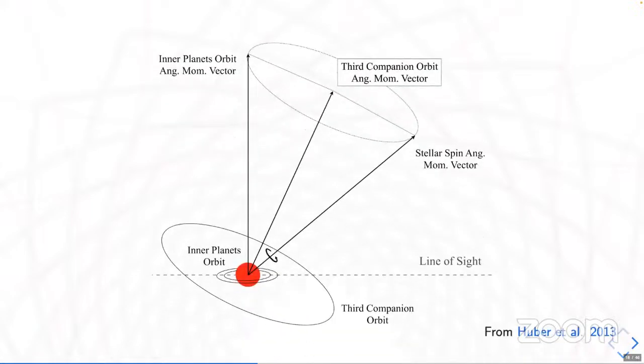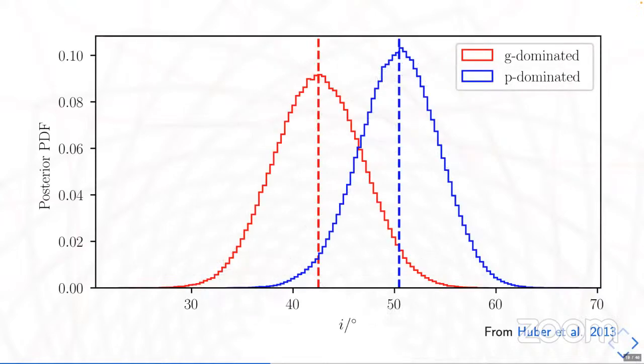So the discovery paper for Kepler 56 is more than 10 years old now, right? And the geometry of the situation is that it has two transiting planets, a misaligned spin vector for the star, and then an outer planet, which was not constrained well at the time. So this is what the distribution of inclination angles for the P and the G modes look like in the original discovery paper.